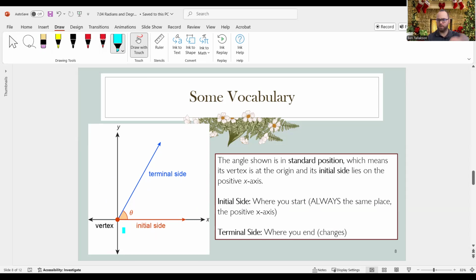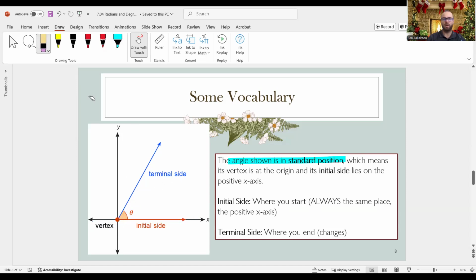For all of these problems in this unit, we're always going to be rotating around the origin, which when we're dealing with these circles is called the vertex. And that just means the angle is in standard position. Okay, so this is the angle here. And this line is rotating around, right?